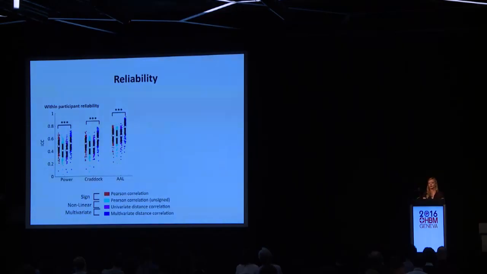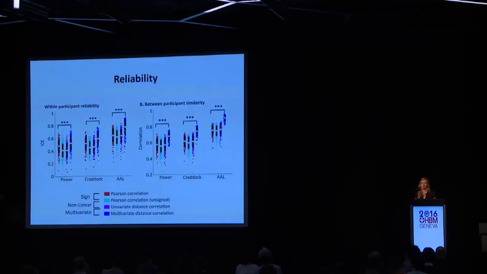The most striking effects we found, however, were in the similarity between different participants. In this figure, I'm plotting, for each participant, the correlation between that participant and the average across all other participants. Again, you can see that multivariate distance correlation is leading to a strong improvement in the similarity between different subjects.